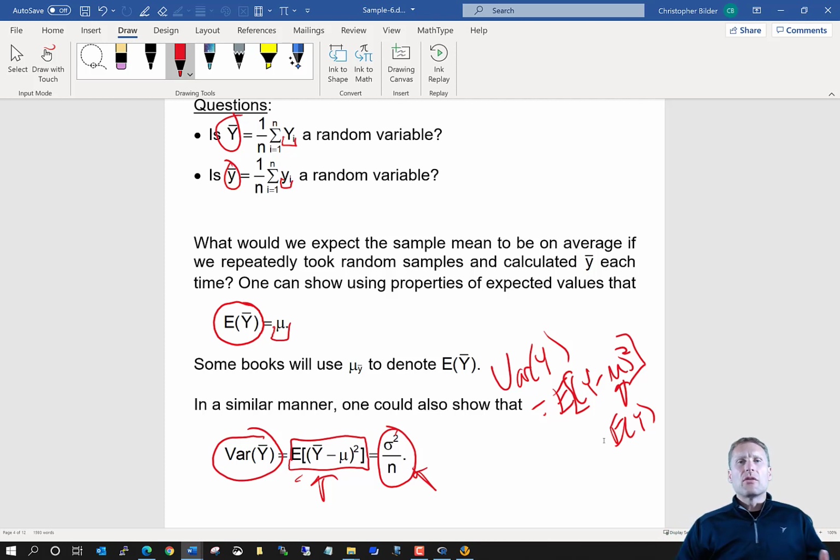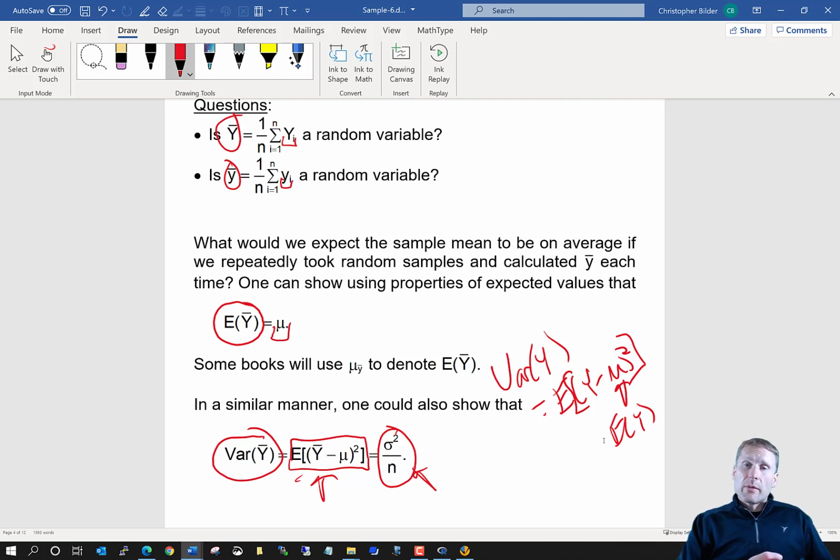Let's think of an intuitive reason why that should happen though. Well, as we get more and more information about our population, in other words, my sample size goes up, one would expect y bar to become a better and better estimator of what mu is.